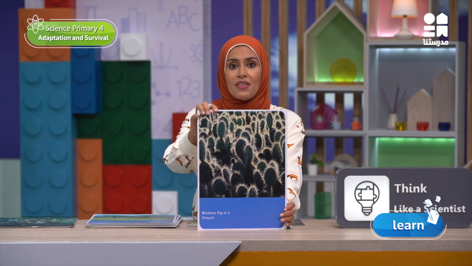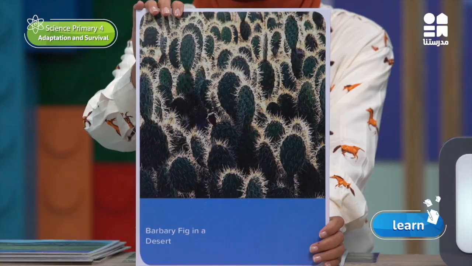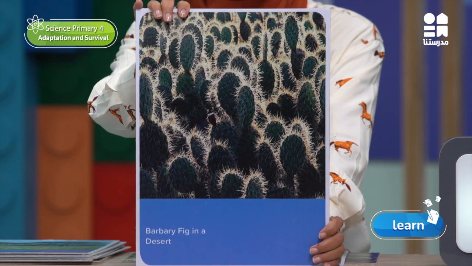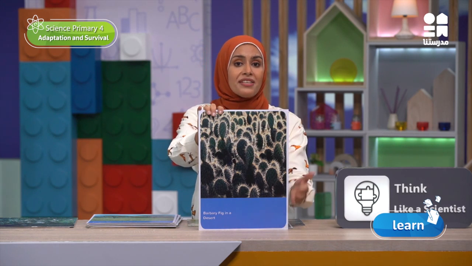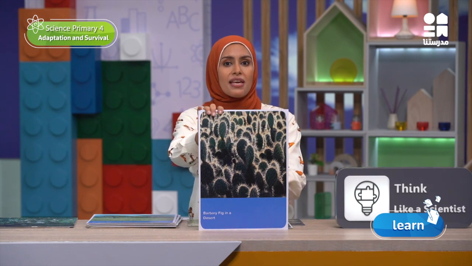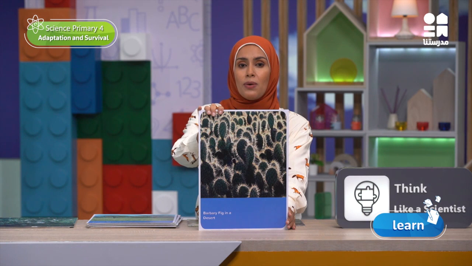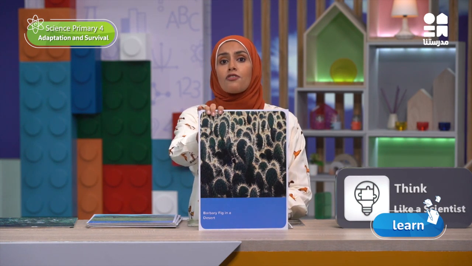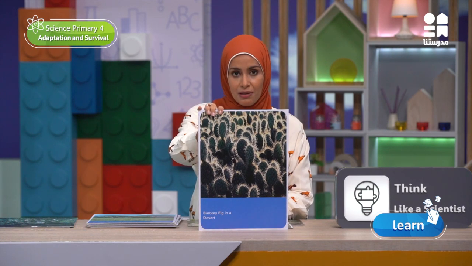The last image with us is of the barberry fig plant that lives in the desert environment. Like the palm tree, look closely at this plant. You will notice something that might be the answer to a question: how could the plant protect itself in the desert from being eaten by an animal?